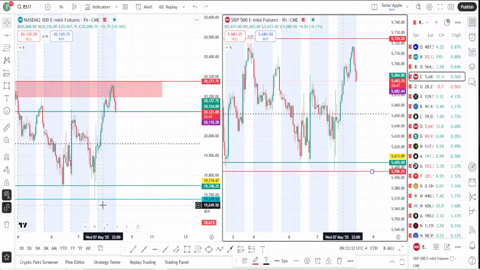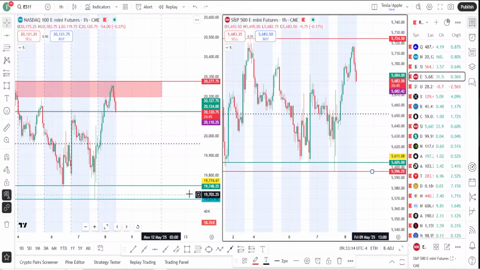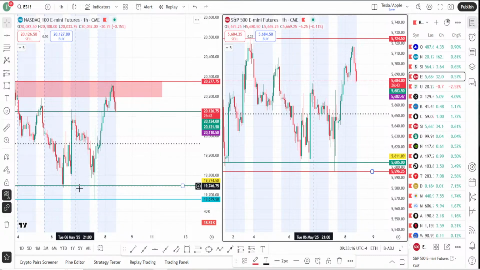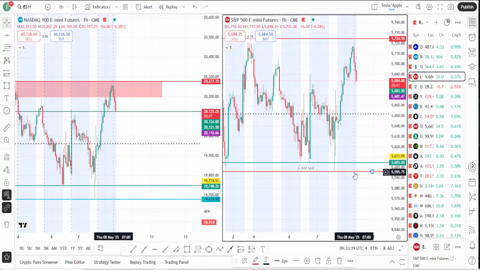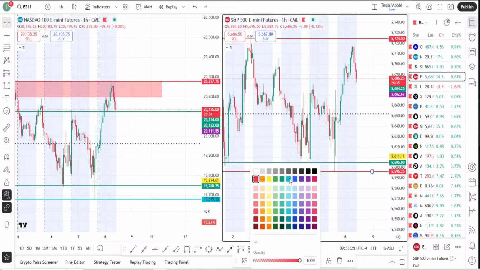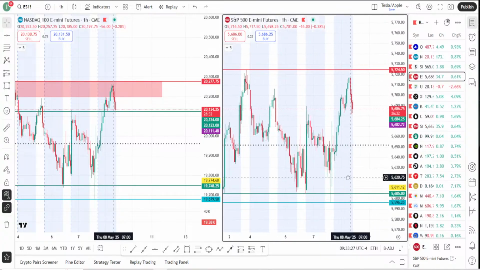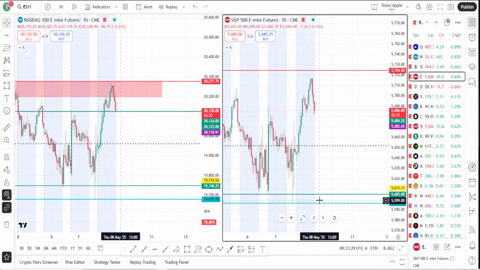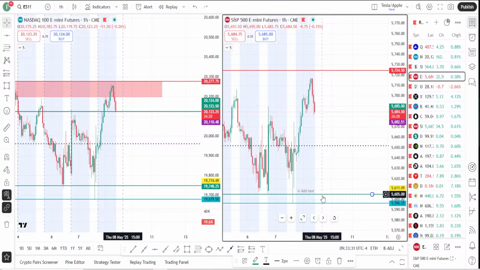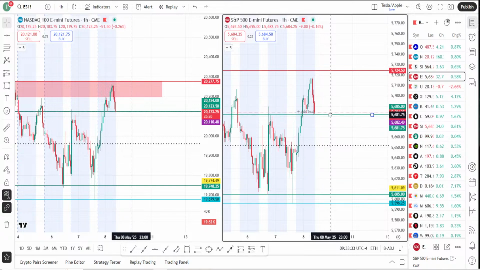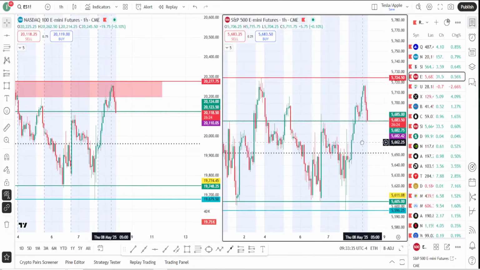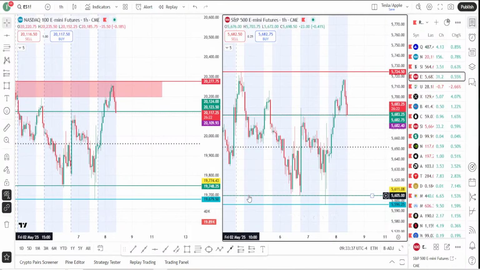So if we run this low at some point, I'm not expecting price to go back up again. There we go. We got our support there as well.